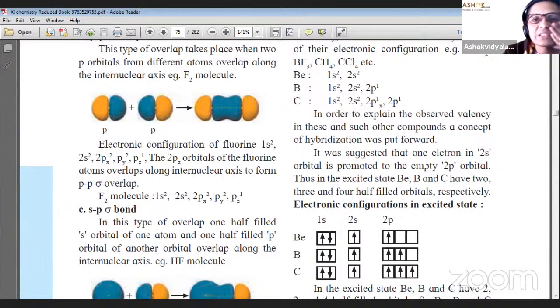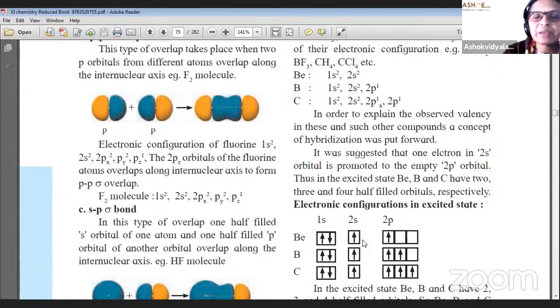It was suggested that one electron in the 2s orbital of beryllium has been promoted to the vacant 2p orbital. See, the electronic configuration in the ground state of beryllium is 1s2 and 2s2.